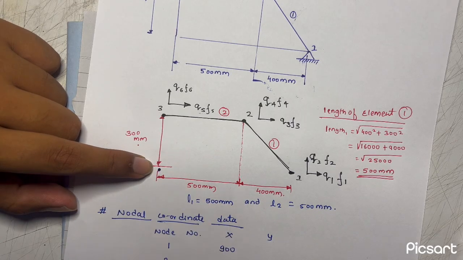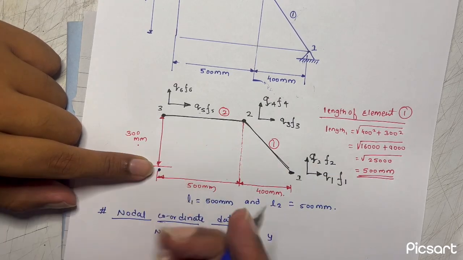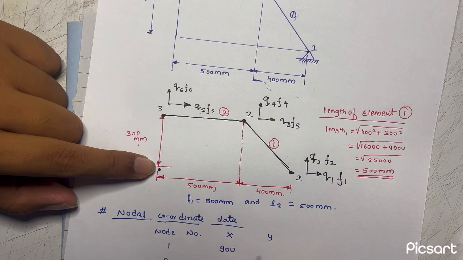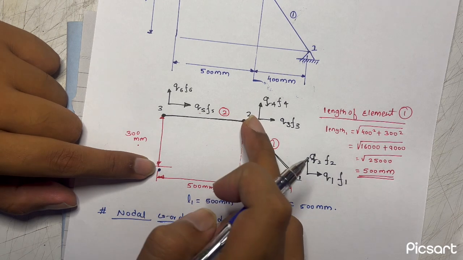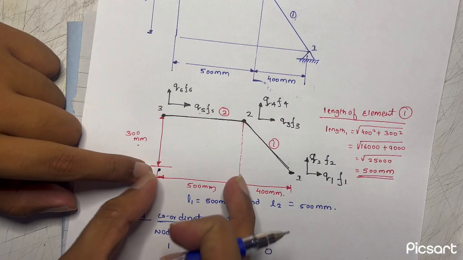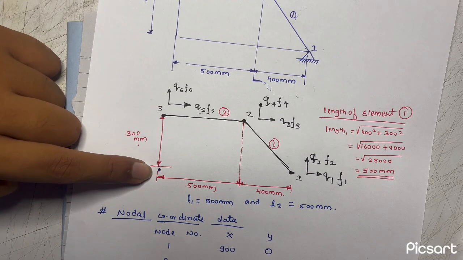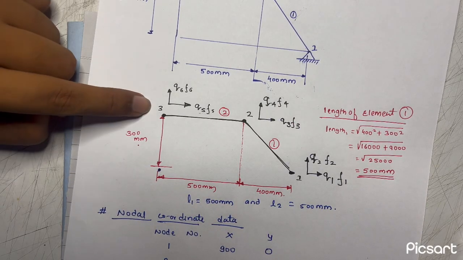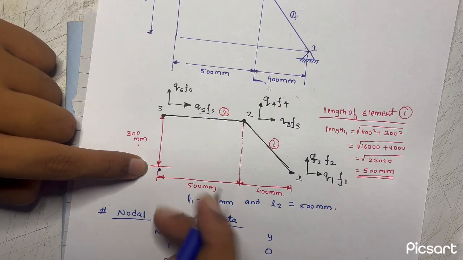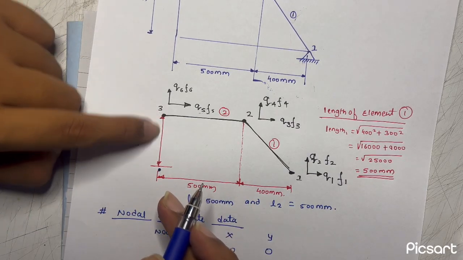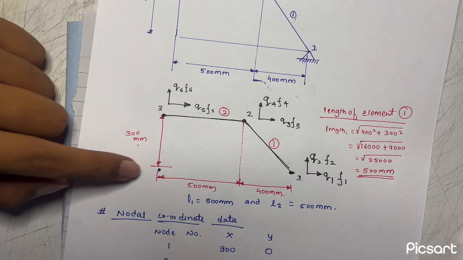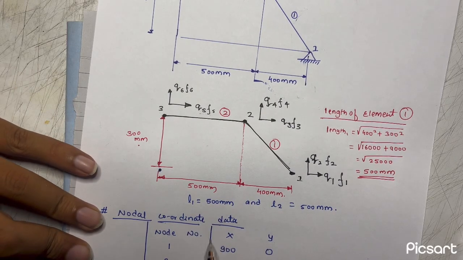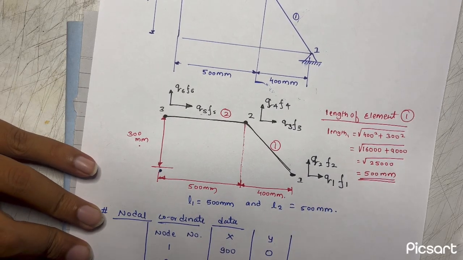Here this is the reference point. Now here we don't have any vertical distance, because these 2 points are on the same axis, so y is 0. Now if you consider node 2, here the horizontal distance is 500 and the vertical distance is 300. For node 3, horizontal distance is 0 because these two are on the same axis, so it is 0. Now the vertical distance is 300. This completes nodal coordinate data.